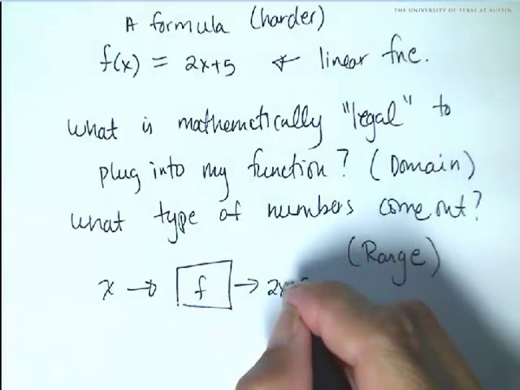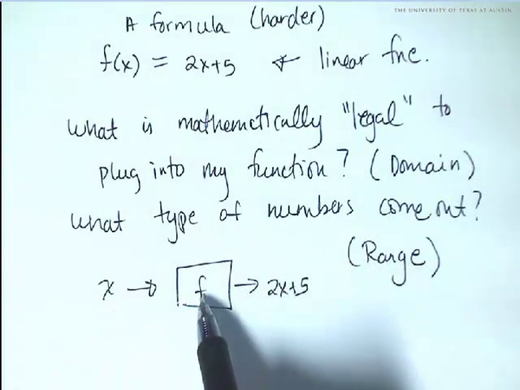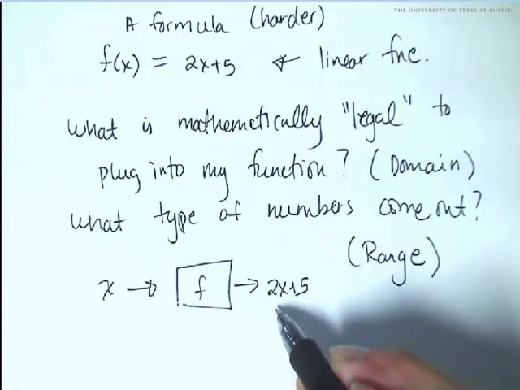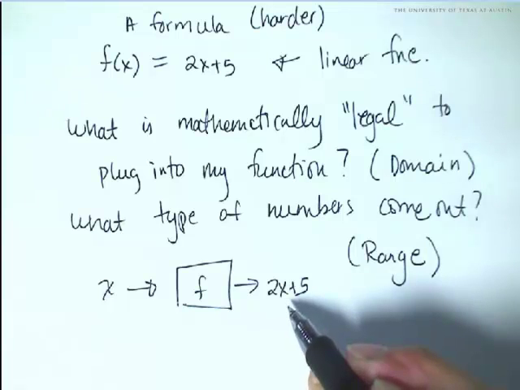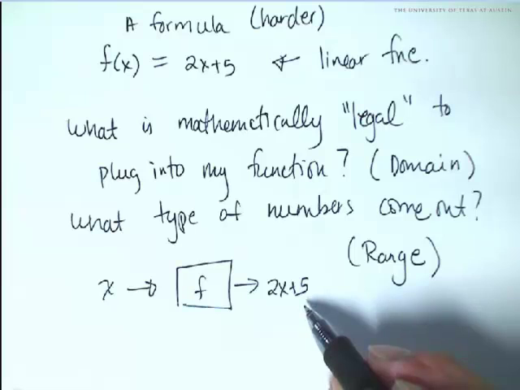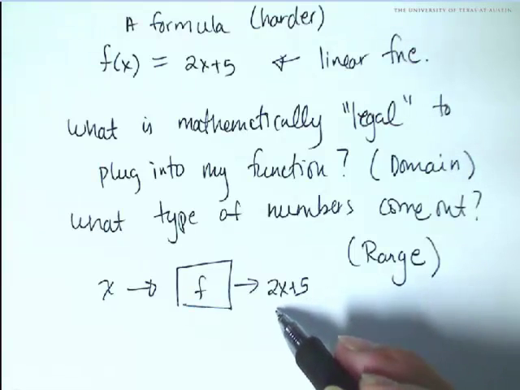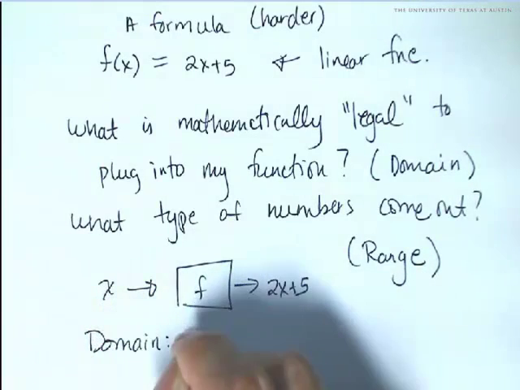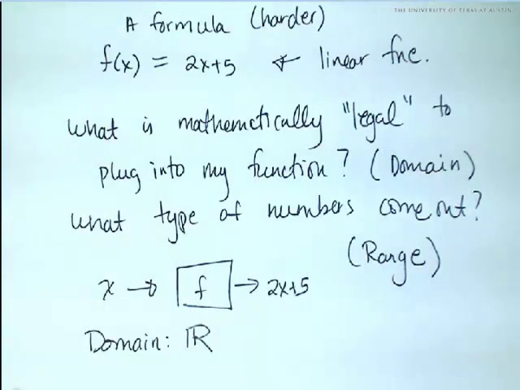So the question you have to ask is, what can I legally put in here and produce a real number? So, is there anything that I cannot multiply by 2? No. Is there anything that I can't first multiply by 2 and then add 5 to? No. I can take any real number, multiply it by 2, and then add 5. This tells me that the domain is the set of all real numbers.